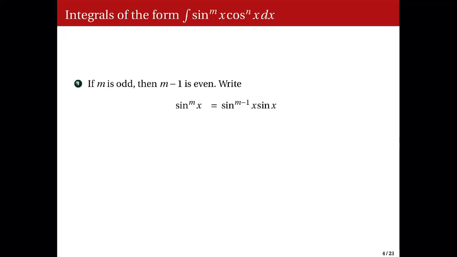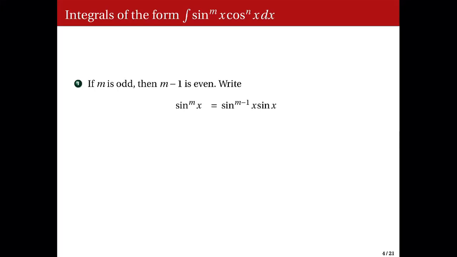Therefore, what we're going to do is write sine to the m x as sine to the m minus 1 x times sine x. Because m minus 1 is an even number, you can transform this sine raised to m minus 1 x in terms of cosine.